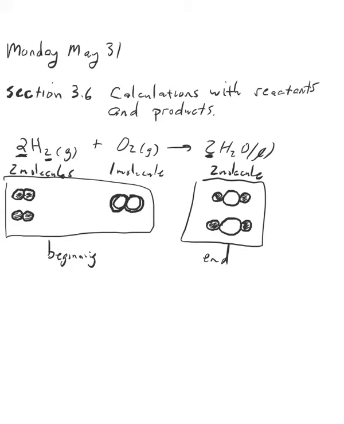We know a lot about it now, but we're not concerned with that in here. All we're concerned with is at the beginning, we have a certain number. At the end, we have a certain number. The material has changed. Hydrogen and oxygen, an explosive mixture that you can use to launch rockets into space. Water, something you can drink, right? So very different materials, but they're made up of the same atoms, which is kind of interesting, right?